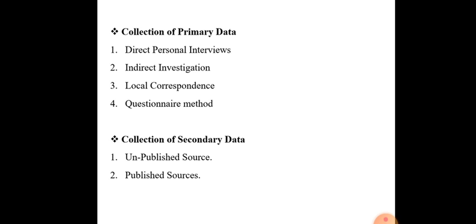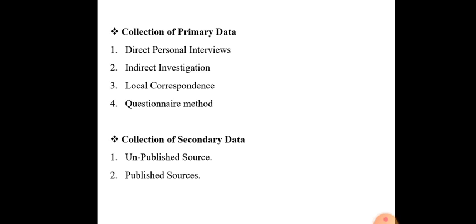Now see the first one, the direct personal method. This direct personal method is suitable for small scale surveys. The investigator personally meets the informants directly, and puts a number of questions relating to the inquiry.